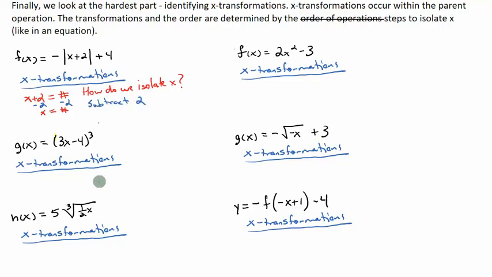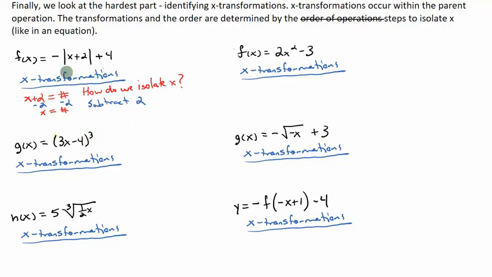That's it. Now it's a bit mysterious on why that's the case. The idea is when you're dealing with x transformations, you're trying to figure out how to determine good values of x to plug in. So you need to get x plus 2 back down to just x. Every time you're trying to take what's inside the parent operation and transform it back to x. That tells you your x transformations.